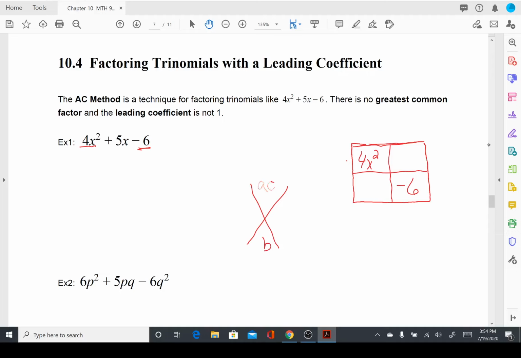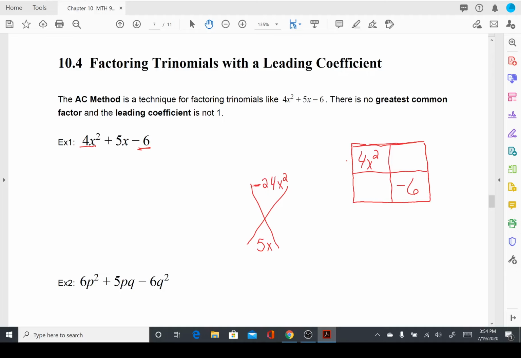Okay, so if we multiply our A and our C terms together, that's 4x squared and negative 6. We will get negative 24x squared. A lot of folks will just put the negative 24 there. That's fine. And then we have 5x below.